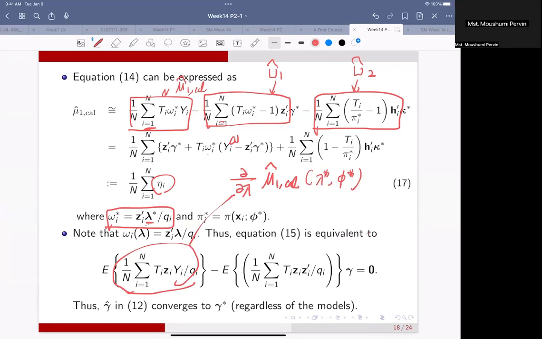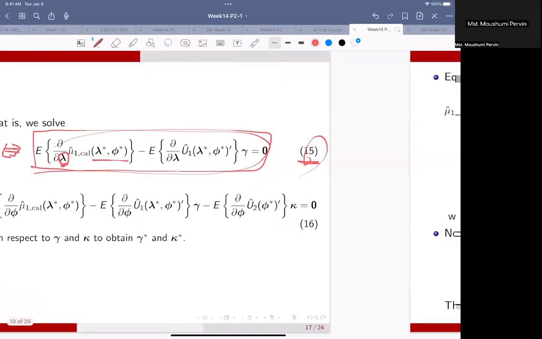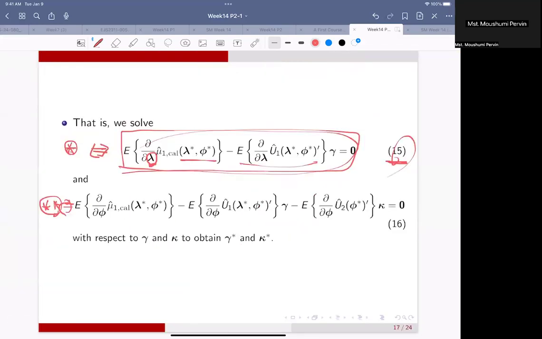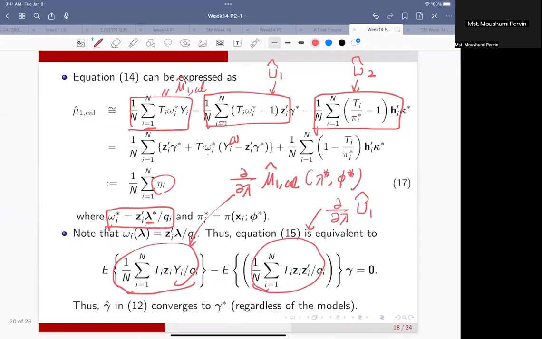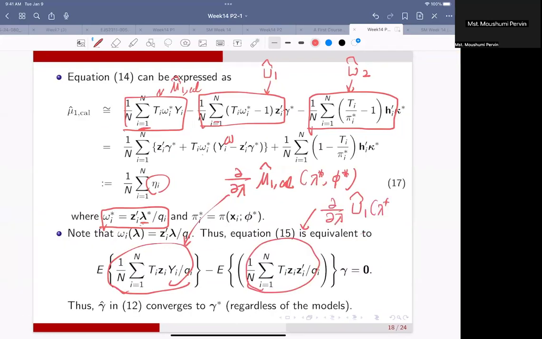And then what is this? You had one lambda star, because this is this guy, right?